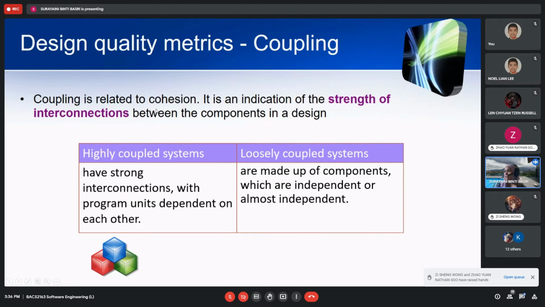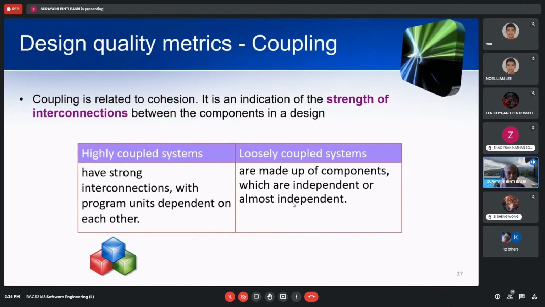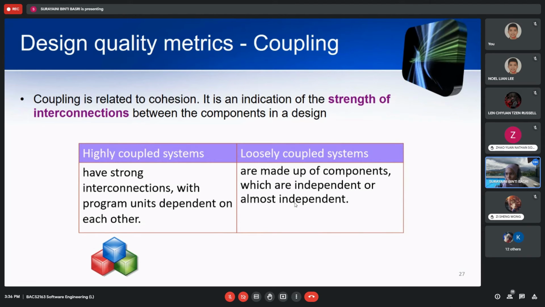Okay, so there are two types of coupling. Remember just now for cohesion, there are 7 levels, and the best is the functional cohesion. But for the coupling, we only have two types, which are highly coupled system and loosely coupled system.